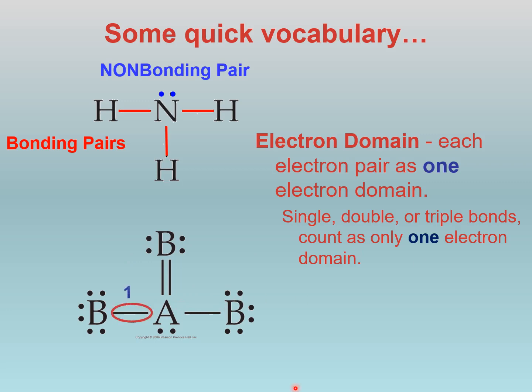We will have 1, 2, and 3 bonded pairs, but then we also include this one here, that's going to be number 4. So those are our 4 electron domains right there.